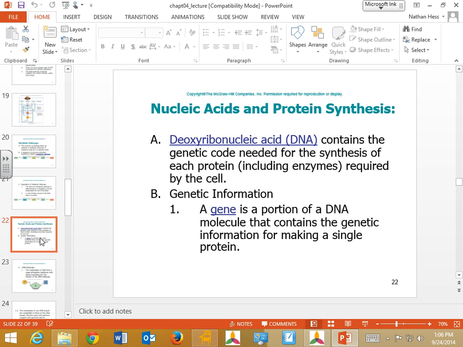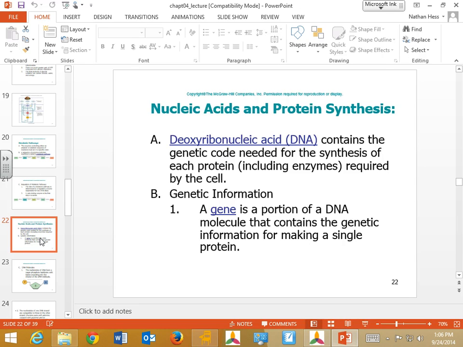The next page. Talking about DNA and how it works. You remember DNA, of course. You've talked about this many times in the past. It is the genetic code, telling us basically how to make proteins.